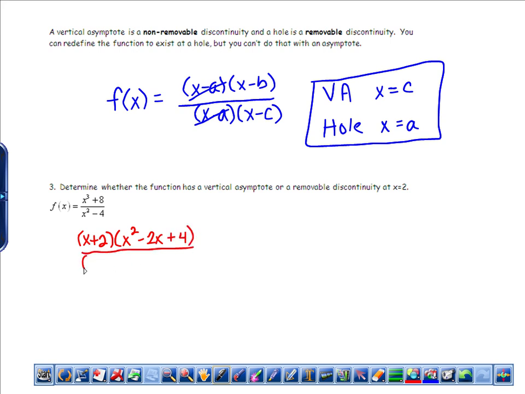And in the denominator, I have x minus 2, x plus 2. And I can see clearly that these x plus 2's cancel. So it says determine whether the function has a vertical asymptote or a removable discontinuity at 2. Well, at 2, it's a vertical asymptote.